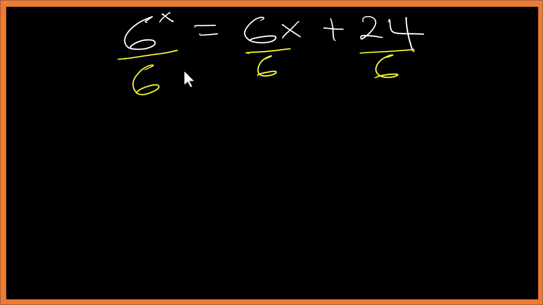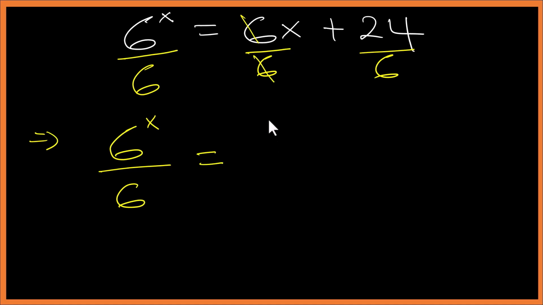Now this side will cancel this side, so we leave it 6 raised to x over 6 equals, so this side is x plus 6 into 24, 6 for 24, we have x plus 4.